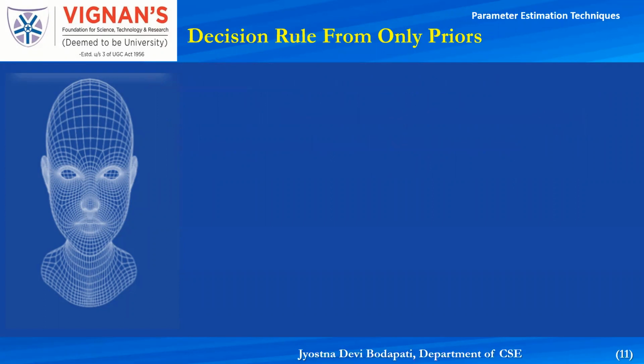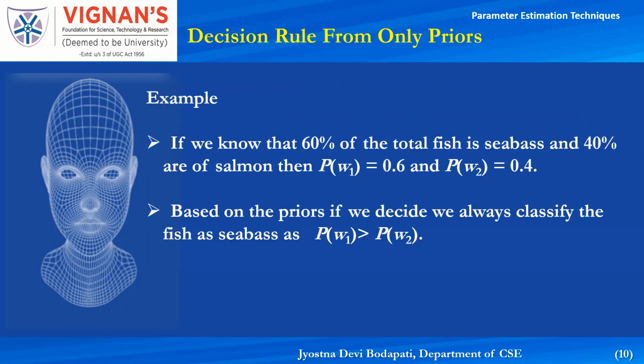If the fish is salmon, we assign it to sea bass every time, always, because it belongs to the 60%. Then what is the error we are incurring?